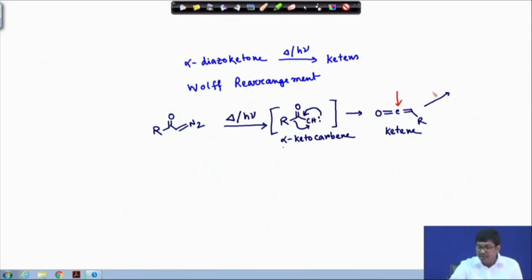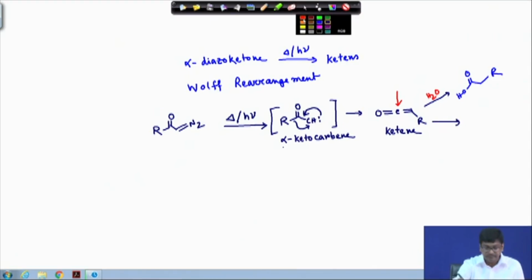For example, if you treat with water, the product will be the corresponding carboxylic acid, or if it reacts with alcohol, this will be the corresponding ester, here with R prime.